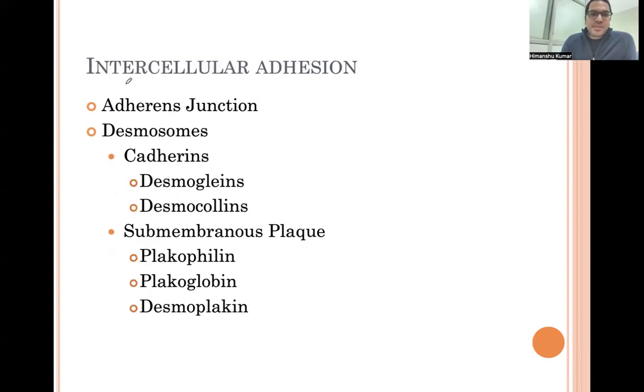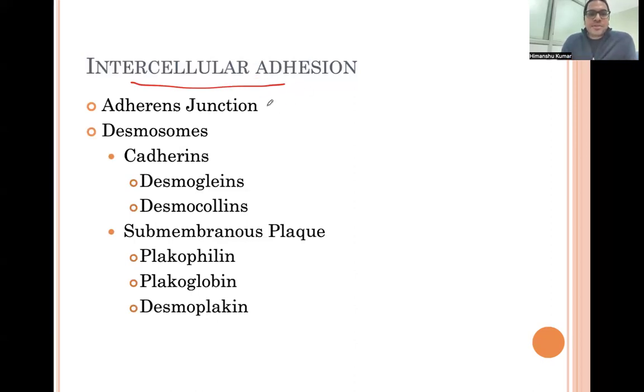Central to the pemphigus disorders, again, is intercellular adhesion, where the cells stick to each other, and the disruption in the adhesion leads to pemphigus, which is the basic central pathogenesis behind the condition.